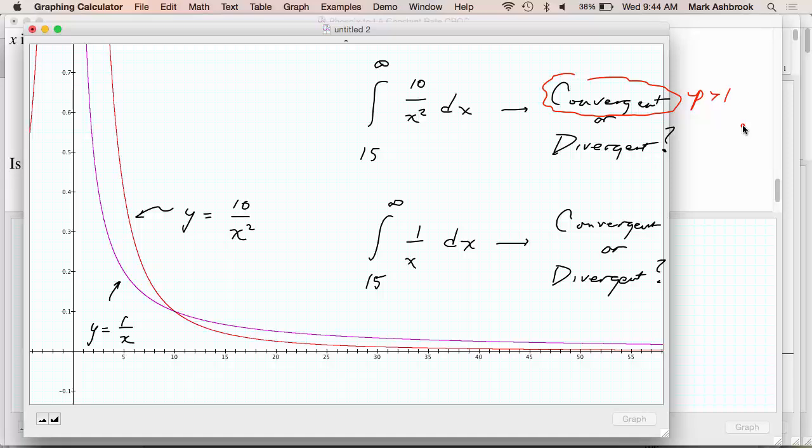The second one is the purple one. That also gets close to 0 if you make x large enough. Is this convergent or divergent? This one's divergent because P is not greater than 1. It's equal to 1, right? So it meets the necessary condition that the rate goes to 0, but it doesn't get there fast enough.